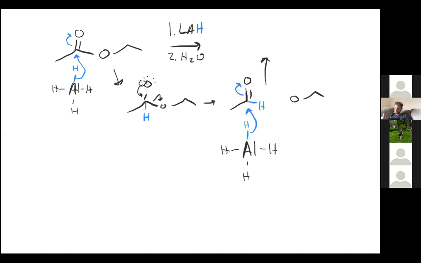Eventually water will come in, so I'm just going to add H+. What we ended up generating was this here, where we've added 2 hydrogens from LAH. So when we use a Grignard on an ester, we're going to add 2 carbon equivalents in the exact same fashion.